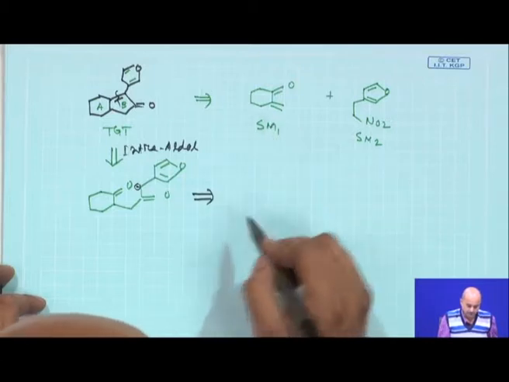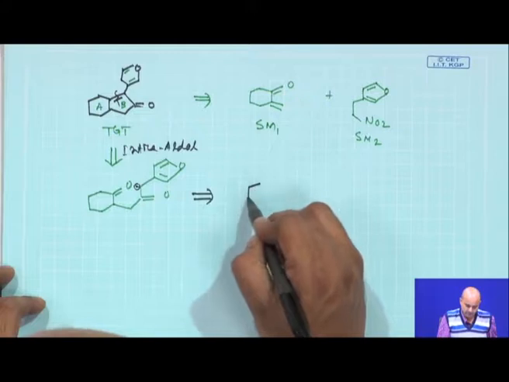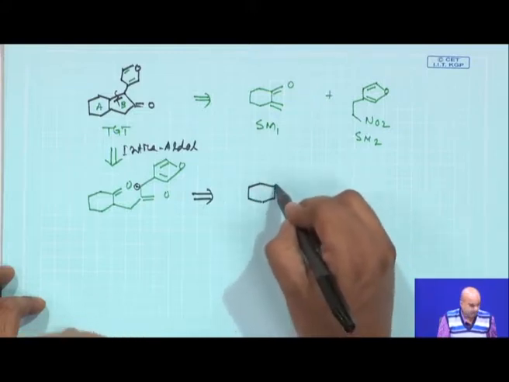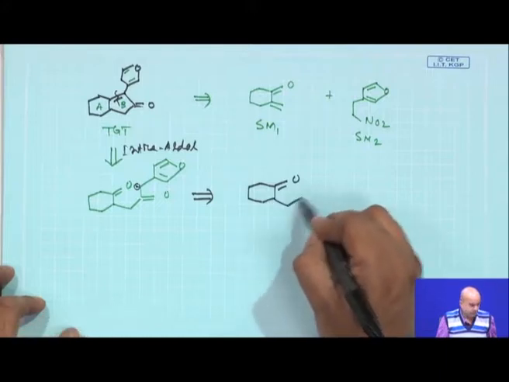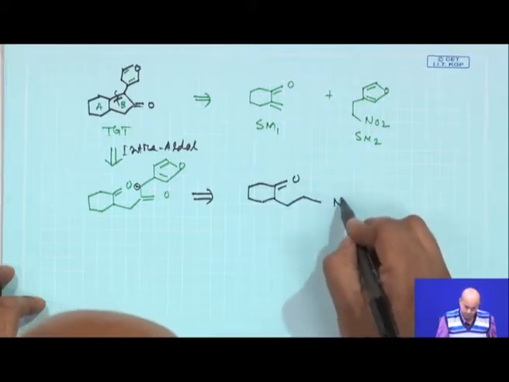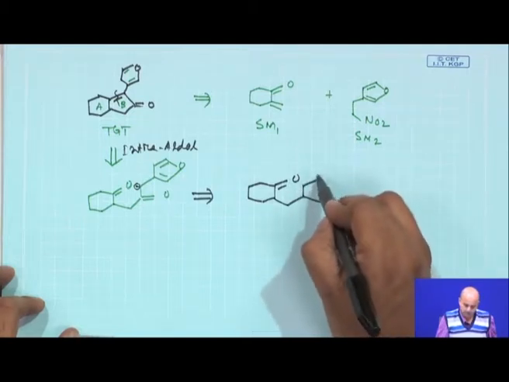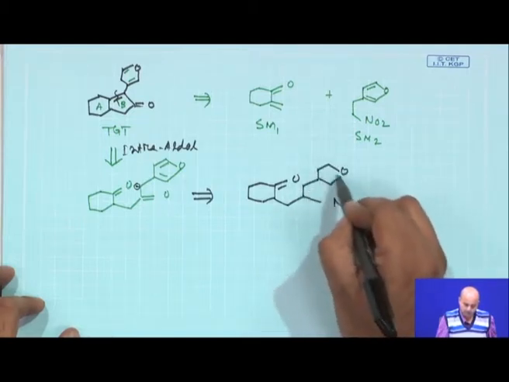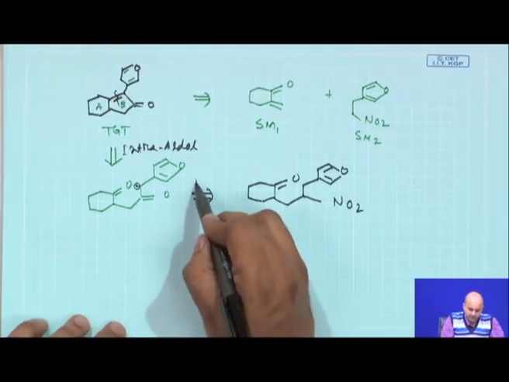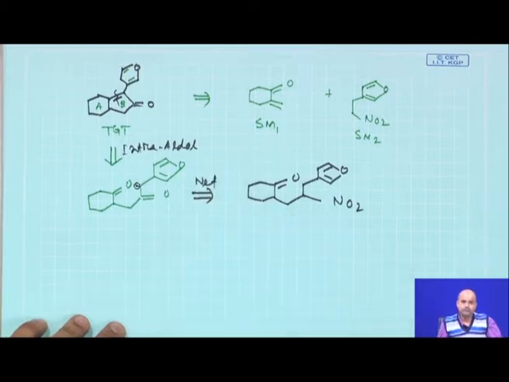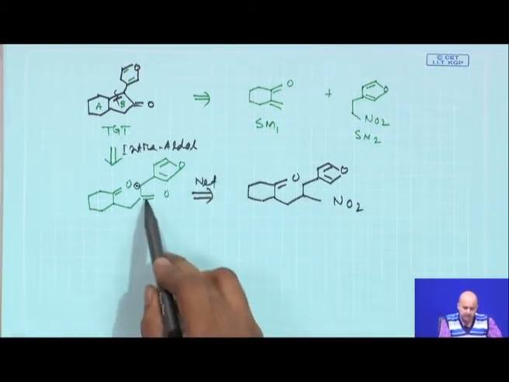Now, see the starting material which was given to you. We are trying to figure out how this starting material can be assembled to give the required target. Now, I said the Nef reaction is known to you, fine. So, if you do a Nef reaction here, you get this carbonyl.